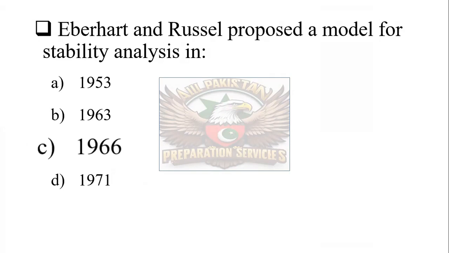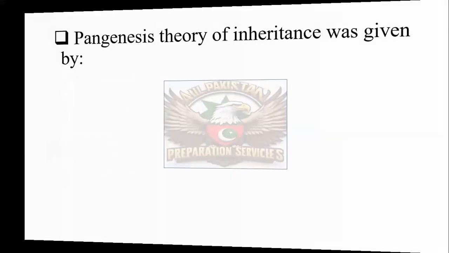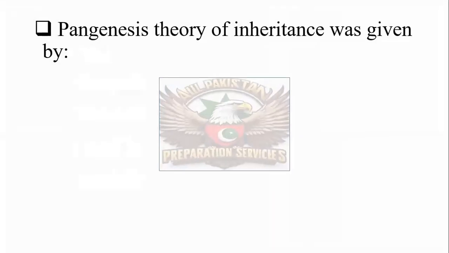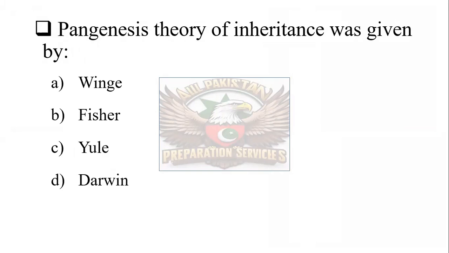The correct one is 1966. Pangenesis theory of inheritance was given by Wing, Fisher, Yule, or Darwin? The correct one is Darwin. Pangenesis theory of inheritance was given by Darwin.